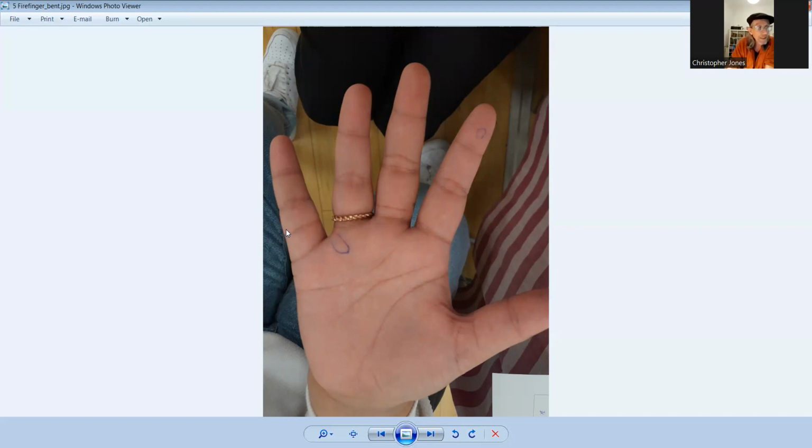What's particularly interesting about this interphalangeal crease is that it doesn't correlate with any joint or movement in the finger. It's not like there's an extra bone. It's not like this finger has 4 bones instead of 3. It has the usual 3, but it has an extra crease line.